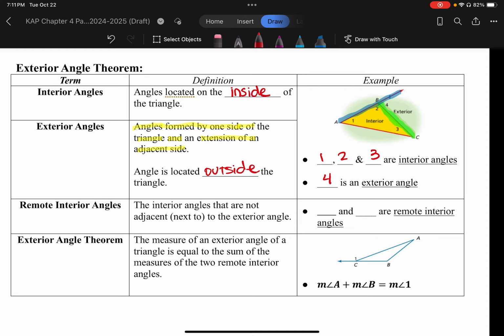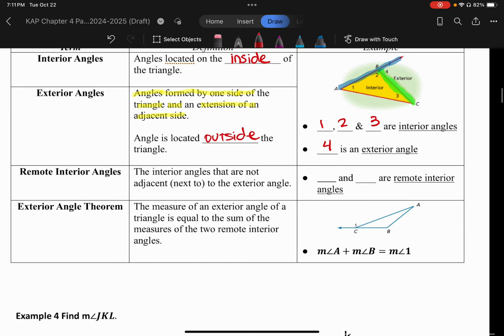So that covers interior versus exterior angles, and then what we're going to talk about now is remote interior angles. This concept is extremely important to understand, okay? So as we look at remote interior angles, these are going to be interior angles that are not adjacent or next to the exterior angle. So if I'm looking at remote interior angles, this is the interior angles not next to the exterior angle.